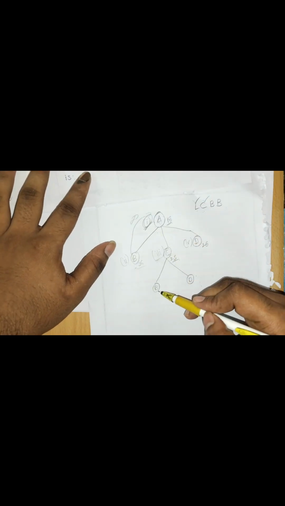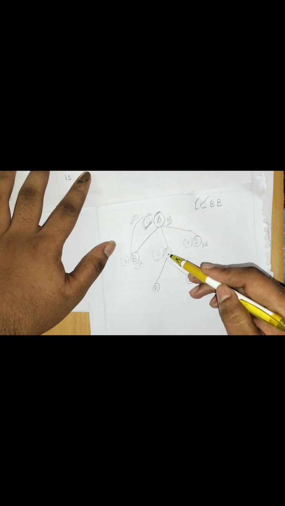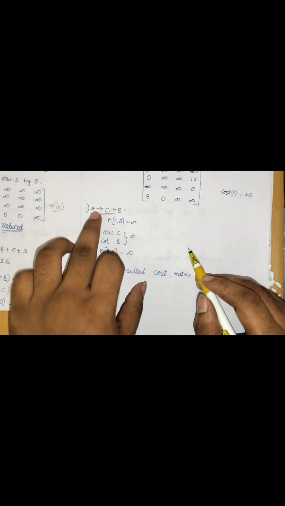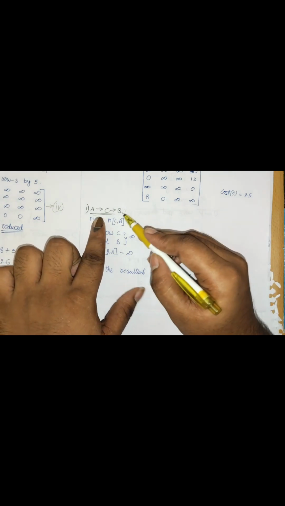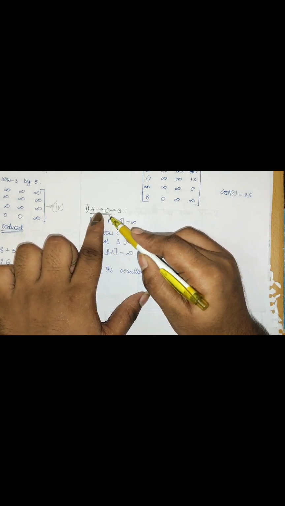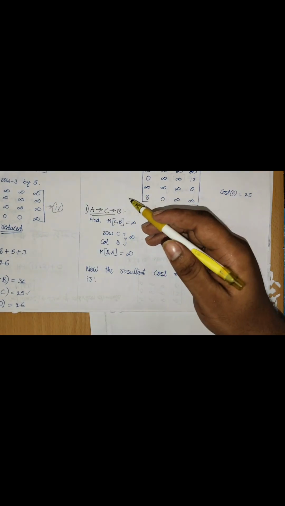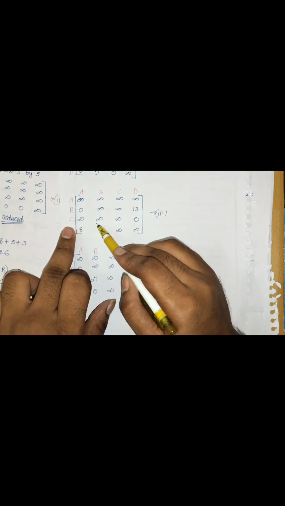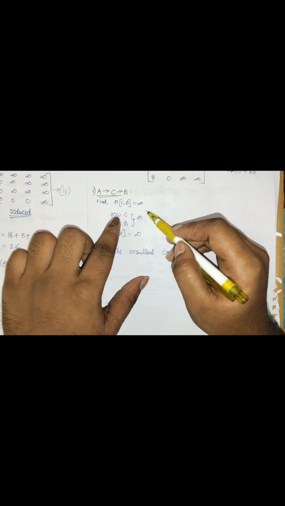Now let's calculate the cost of B, for the path A to C, C to B. Now we have to find the element C comma B, because we will be using this to find the cost. So C comma B, in matrix 3 we have to see. It's infinity. C comma B equals infinity.